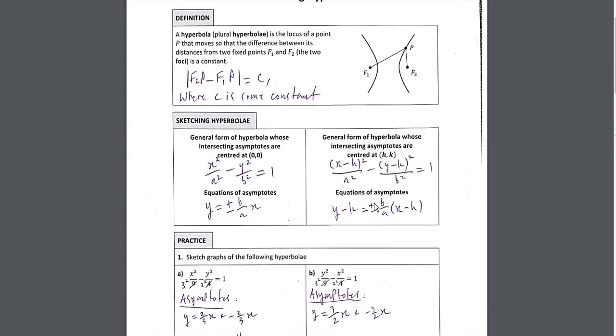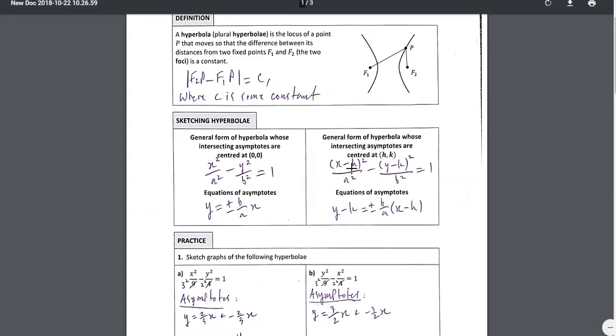All right, so here's the general form of the equation. (x − h)² over a² minus (y − k)² over b² equals 1. It's going to look incredibly familiar to you because if that was a plus sign, then it would be exactly the same as the general formula for an ellipse, which is pretty amazing.